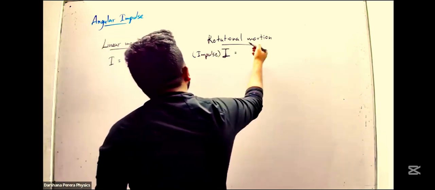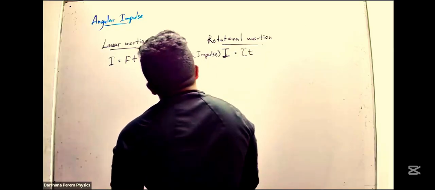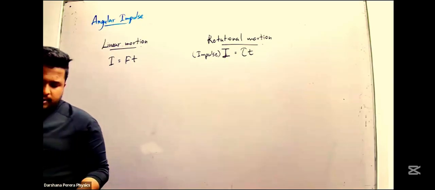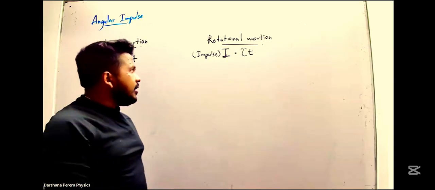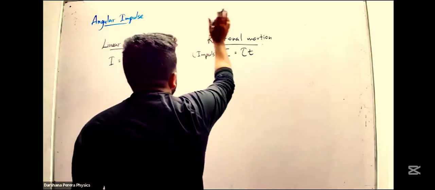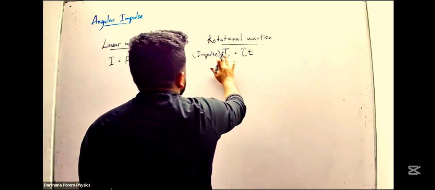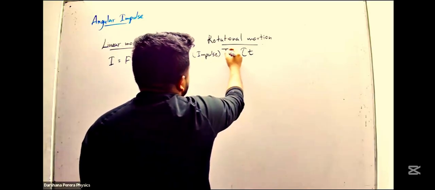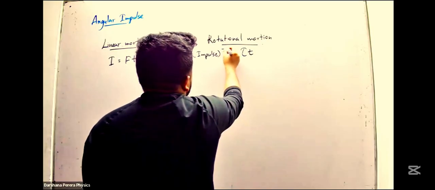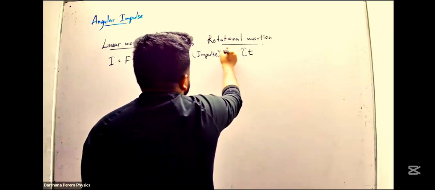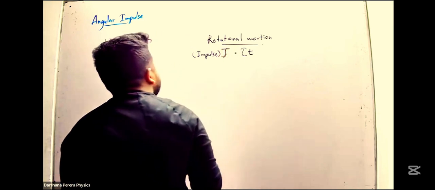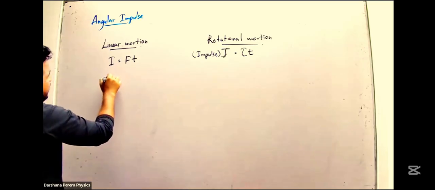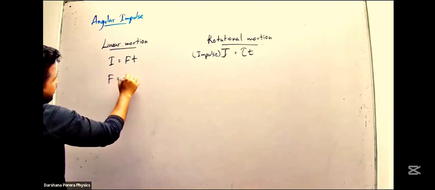I equals Ft, where the torque tau plays the role of force. Because I is used for the moment of inertia also, we take J equals tau t.